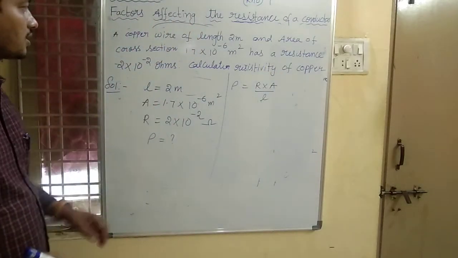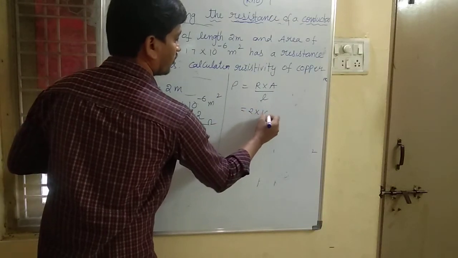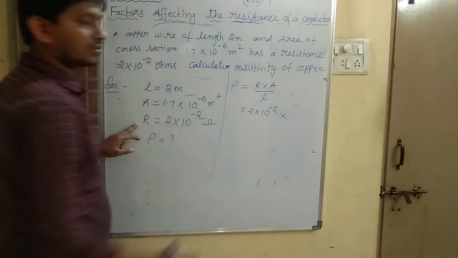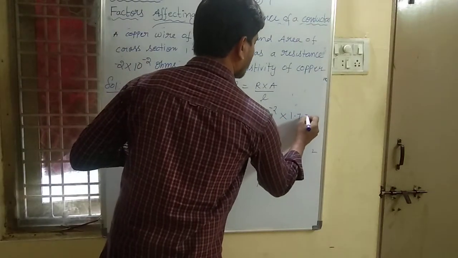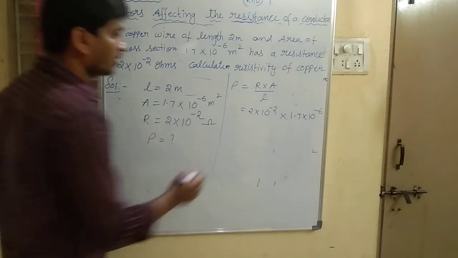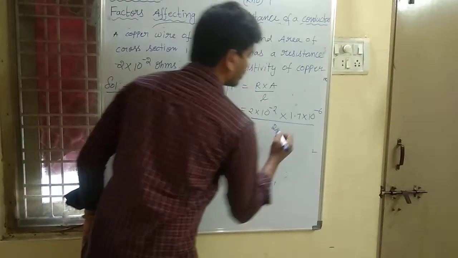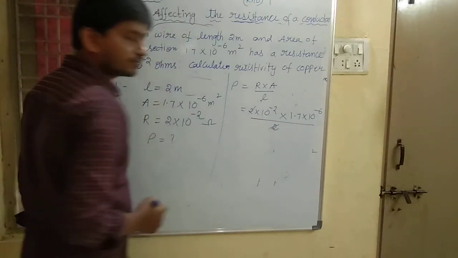Given resistance is 2 into 10 to the power of minus 2, into the area 1.7 into 10 to the power of minus 6, by length of the conductor 2 meters. I can cancel 2.